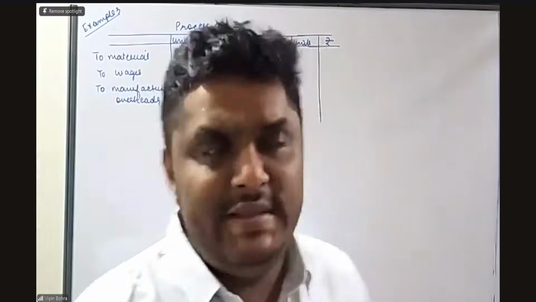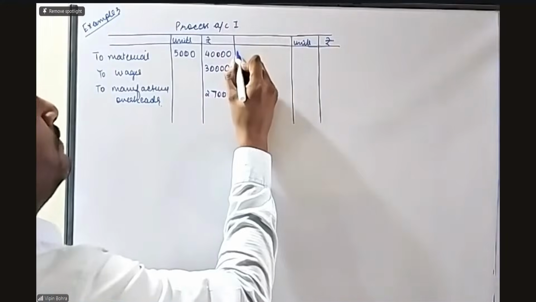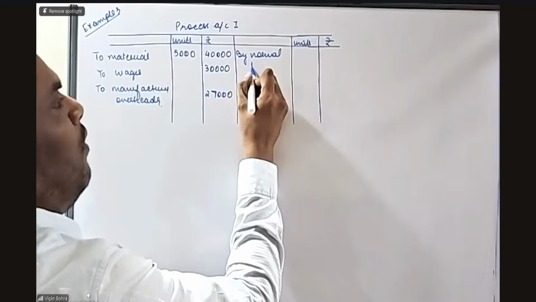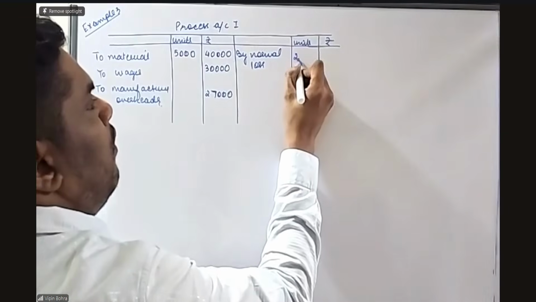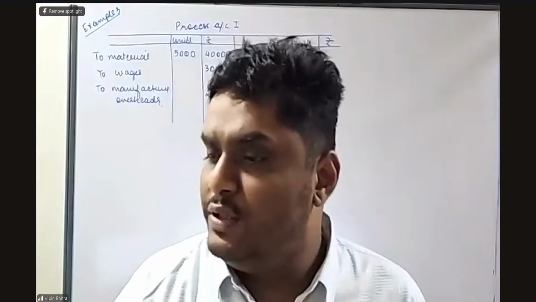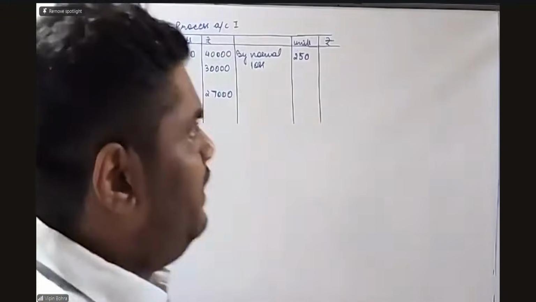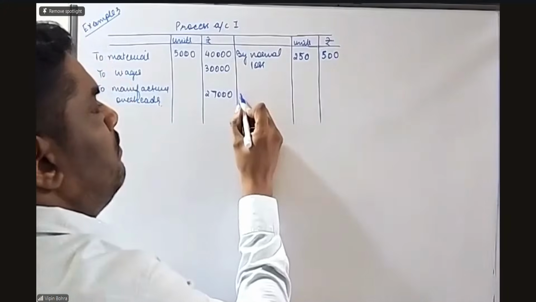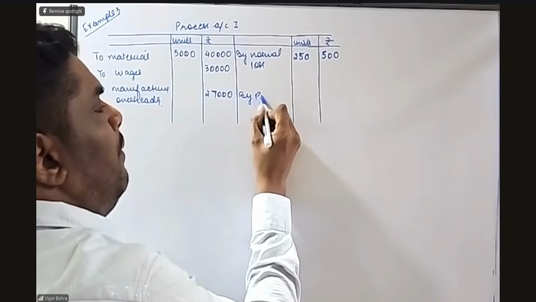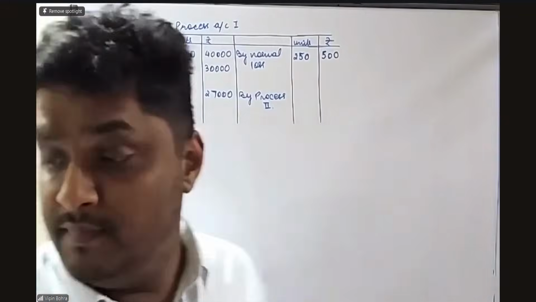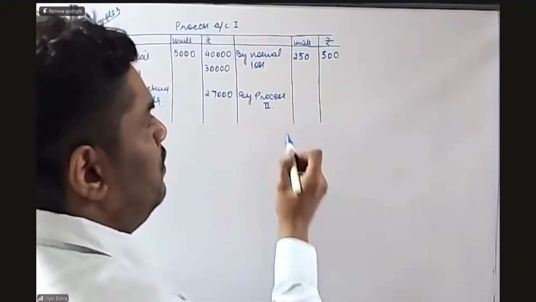Normal loss is 5% of inputs. Scrap value realized on sale of normal loss is rupees 2 per unit, so this will be 500. My units that are transferred to the next process is how much? 4850.